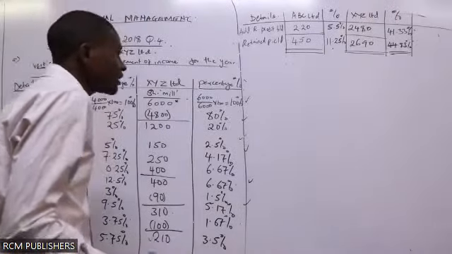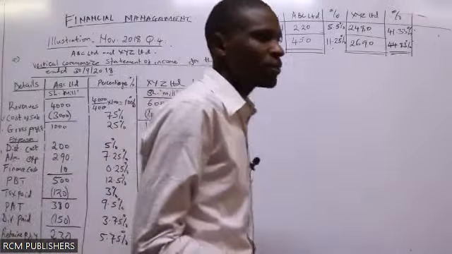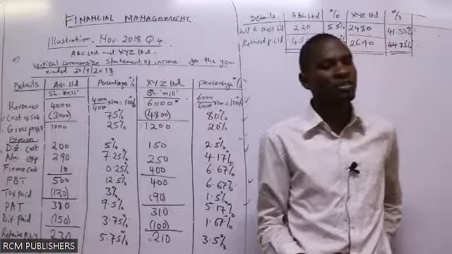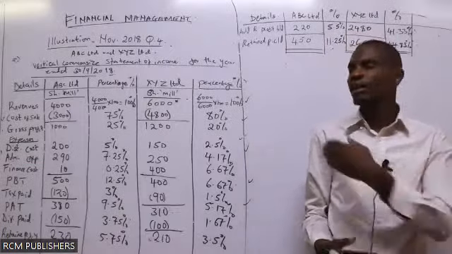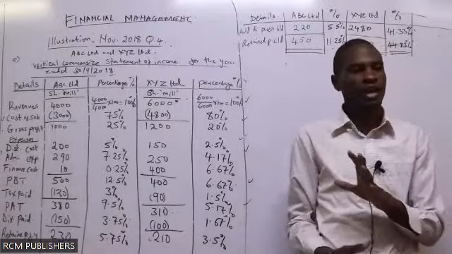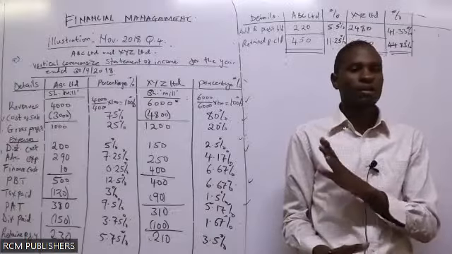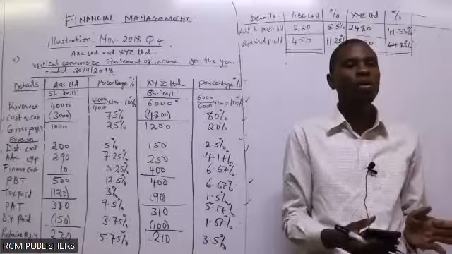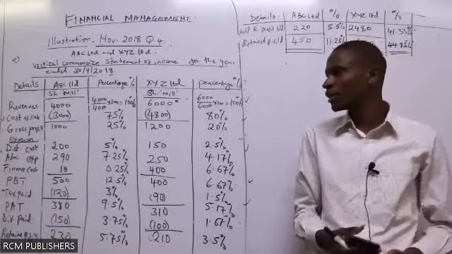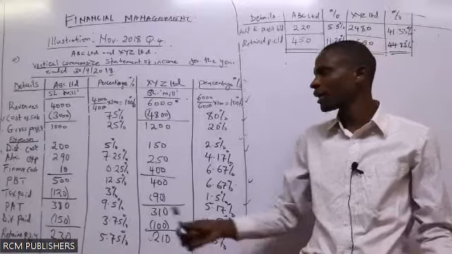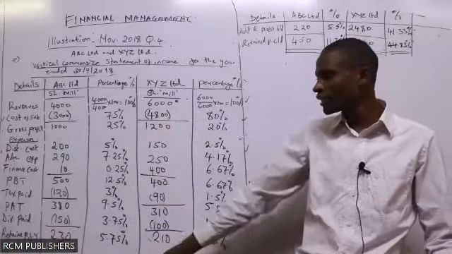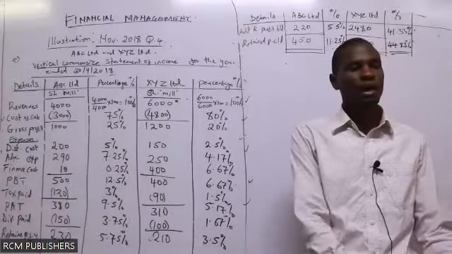So class, that is the way you analyze the income statement. You can derive information from the percentages, because it shows you the reality of what is happening. Sometimes it becomes hard to compare numbers, but with percentages, you are able to compare clearly.